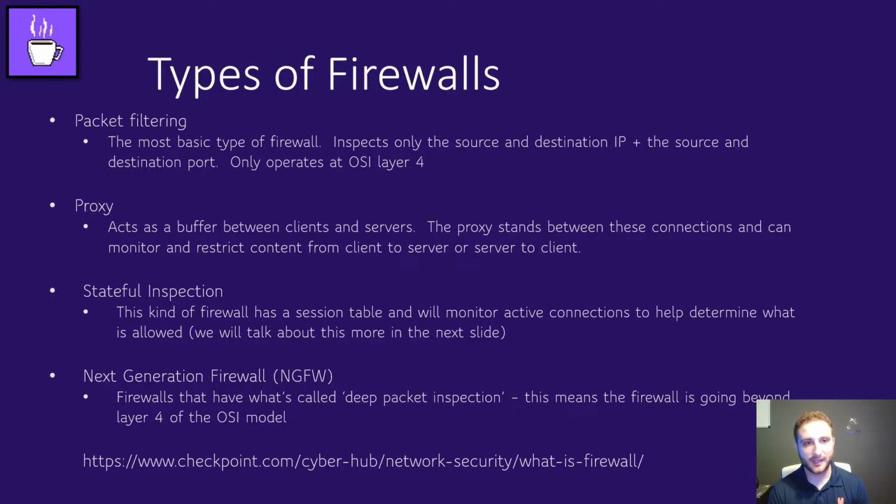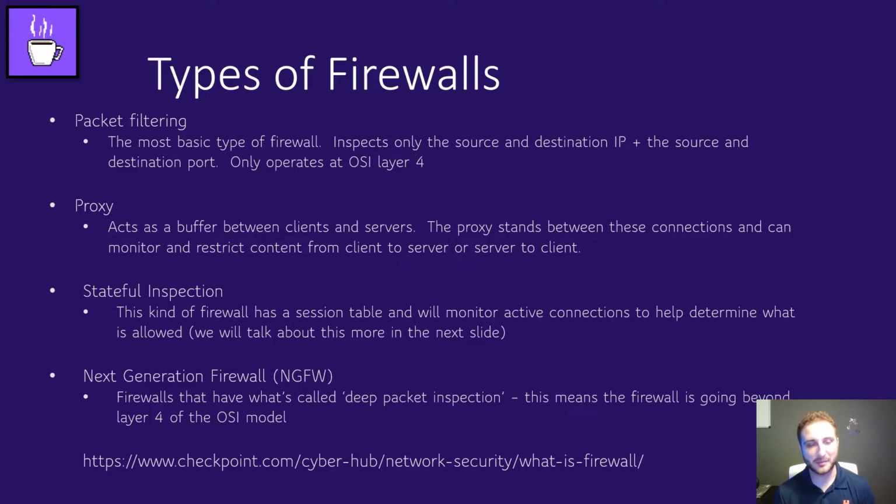So what are the types of firewalls? So in the very beginning here, we had what's called a packet filtering firewall. And so this really only inspects the source and the destination IP address and the source and destination port. So it really only operates at layer 4 of the OSI model. And that was the most basic type of firewall.